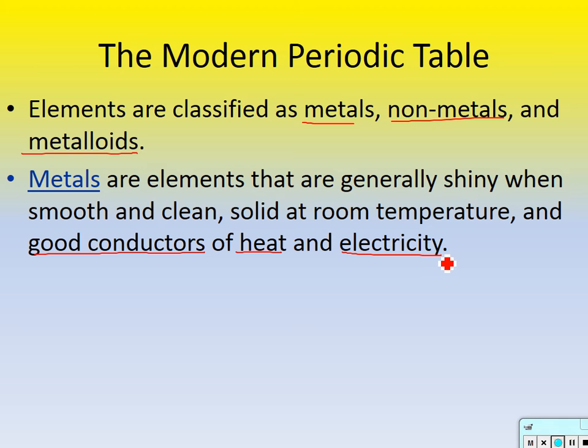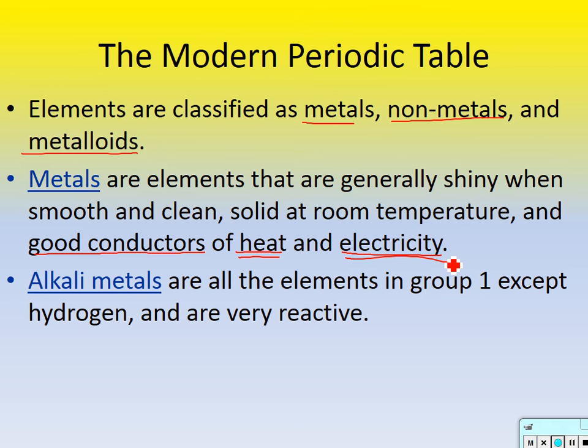Yeah, very easily. If you've ever welded before, you get done putting a weld. Should you grab that piece of metal with your hand? No, because it's very hot. Heat moves through metal very easily, and so does electricity. That's why our electrical wires are made of metals. Copper is a metal.